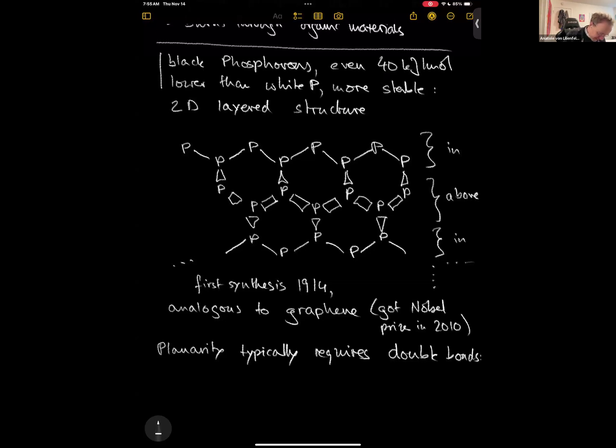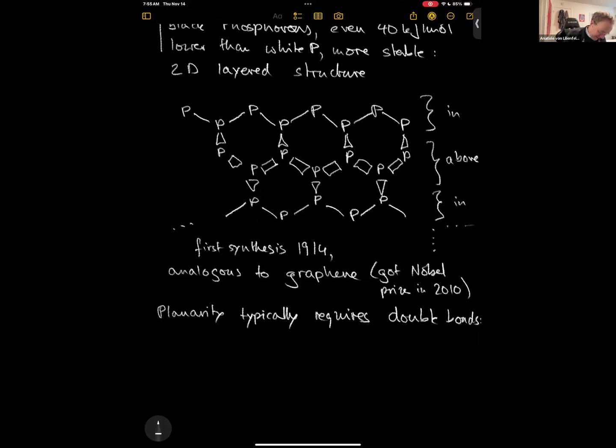And just for example, remember our carboxy cases. So that's the carbonate, right? And we have the resonance structures, carbonic acid, which are all planar, right?